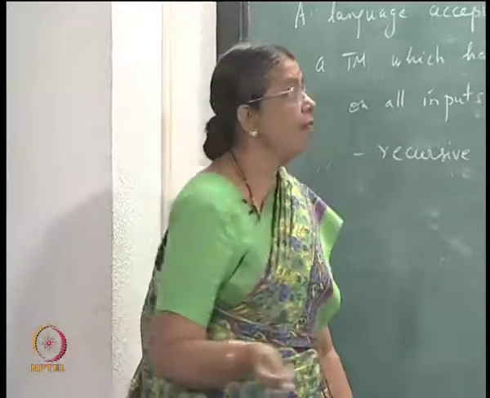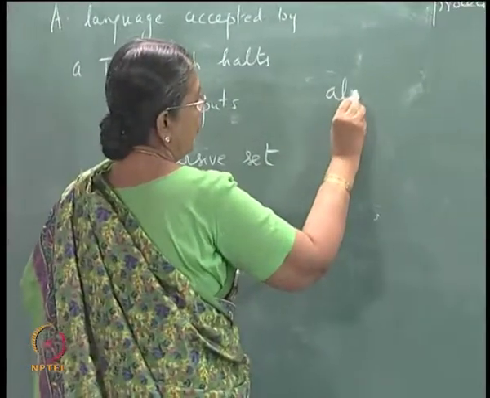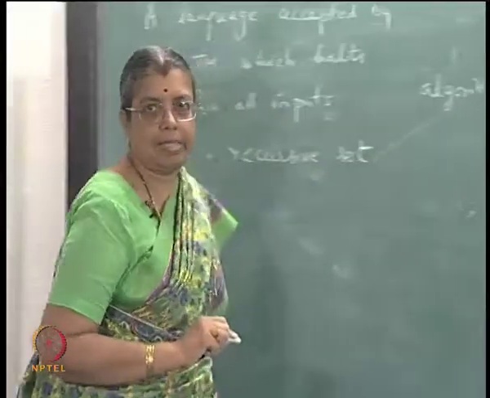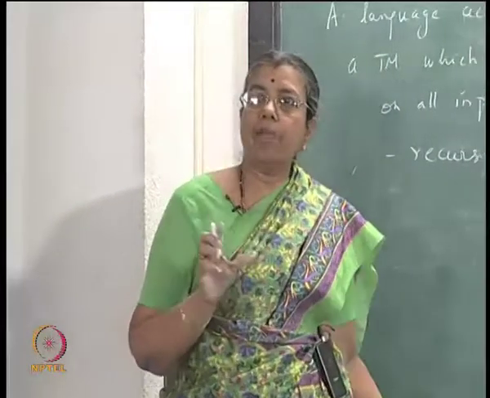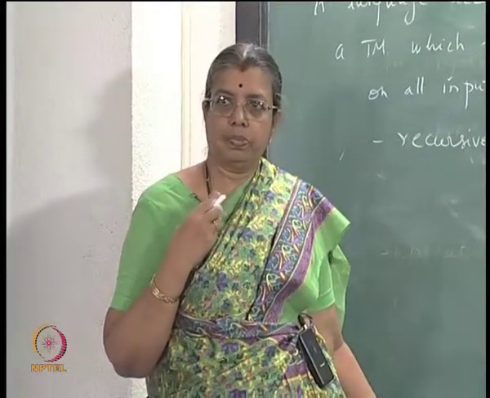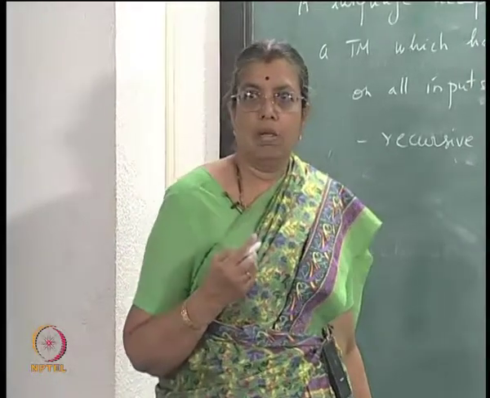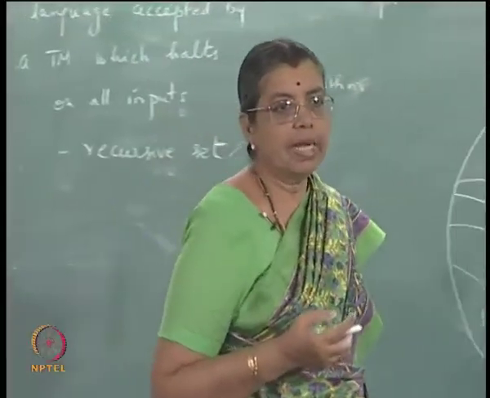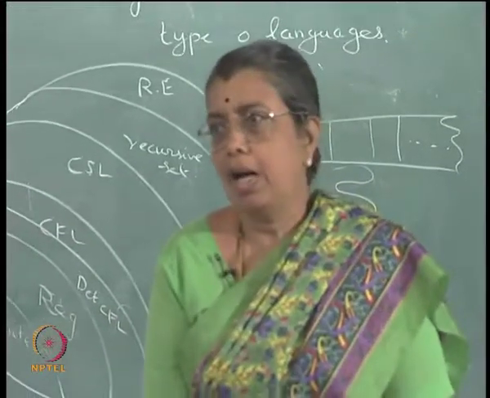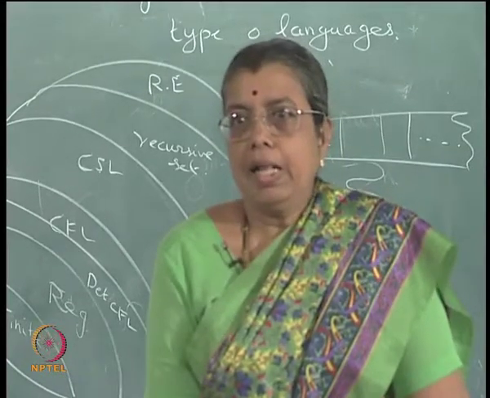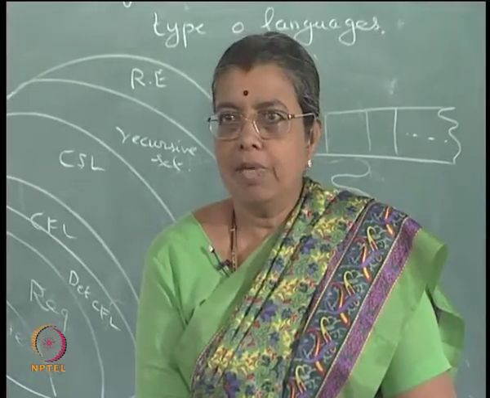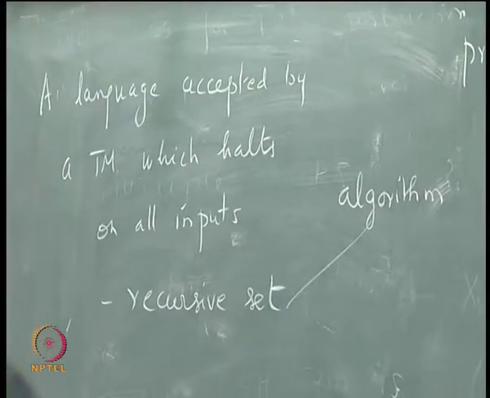Whereas an algorithm corresponds to a recursive set, that is, an algorithm always halts and tells you an answer yes or no. So, when you say decidable, I told you, given a context free grammar, is it ambiguous or not? You cannot give an algorithm for that. That is called an undecidable problem. We shall study about that in our next 1 or 2 classes.